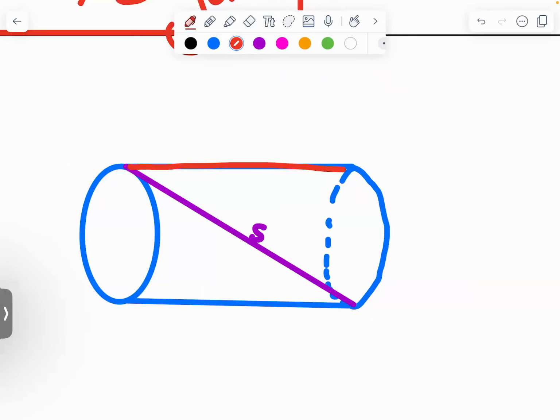So the slant height, the normal height, and the diameter are all going to form a right triangle. So if you are given this slant height and either the radius or diameter or the height, you can use the Pythagorean theorem to solve for the missing piece. Can you handle that? Okay.